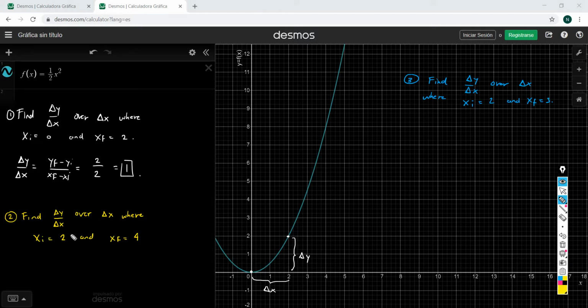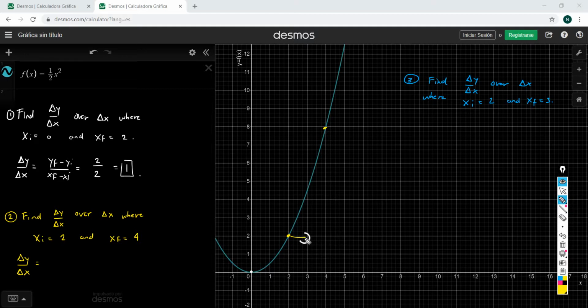Now let's do the same for this one, yellow. Find the average rate of change over delta x, where the initial value of x is 2 and the final value of x is 4. Okay, so let's write this down. Now we're gonna go from 2 to 4. So this is gonna be my point of interest here, and the final point of interest will be this one, because this is 4. Let me erase the white marks.